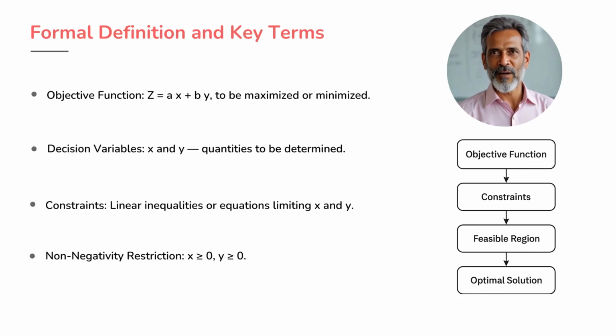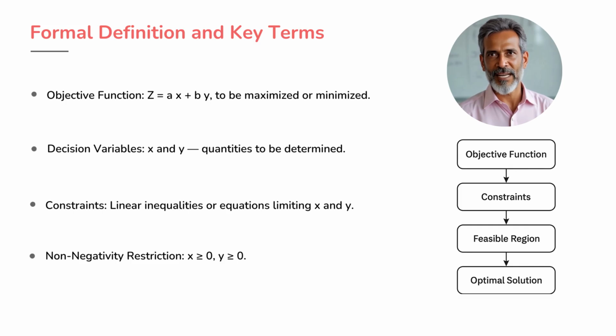Before we go deeper, let's clearly understand the structure of a linear programming problem. The objective function is the linear function z equals ax plus by, which we aim to either maximize or minimize. Here, a and b are constants representing coefficients such as profit or cost per item. The variables x and y are called decision variables because they represent choices we can control, like how many tables and chairs to buy.